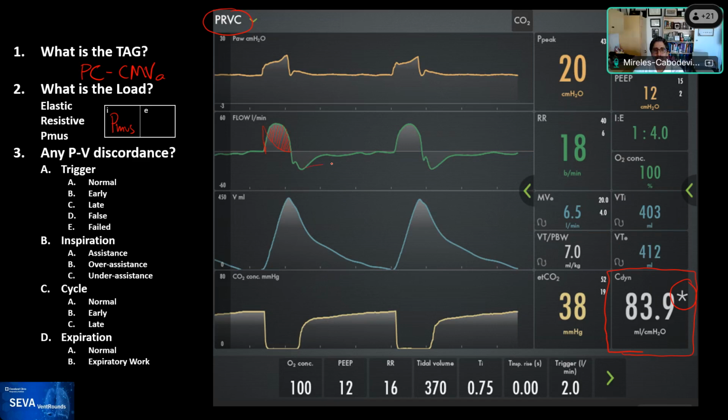It's pushing away from it, like that. Yes. Well, that depends on what kind of PMUS we're talking about, right? You're talking about expiratory PMUS. Those little humps towards the baseline could be inspiratory PMUS, right? It could, yeah. Excellent. Good thought process. I'll show you more evidence in a second, but you're right.